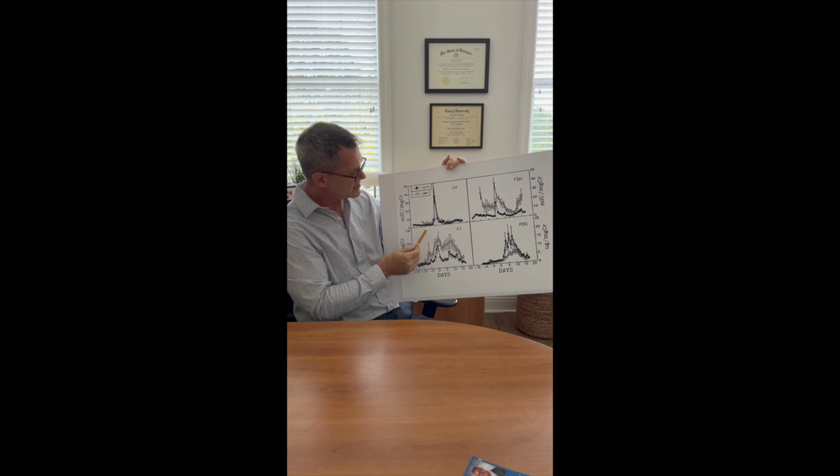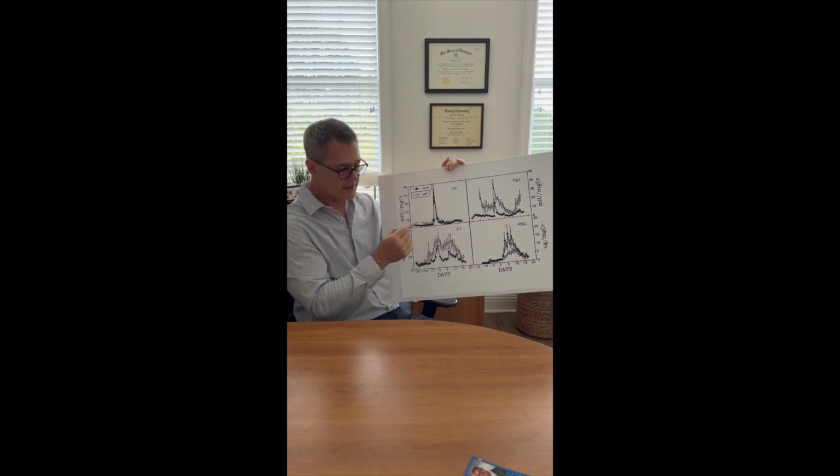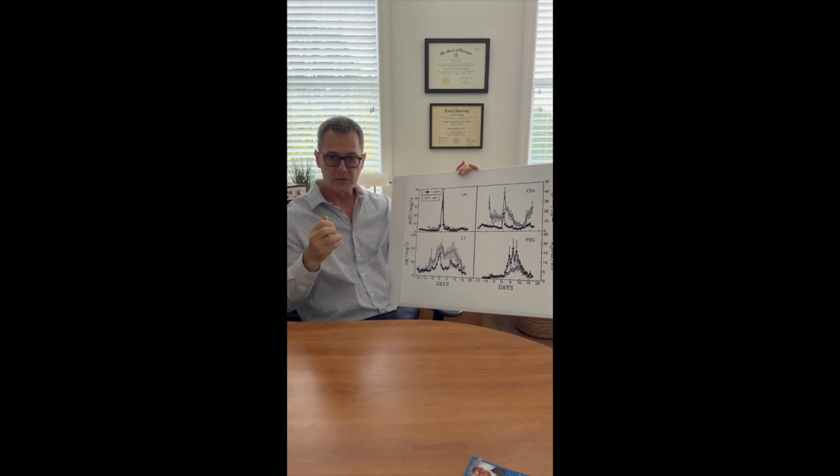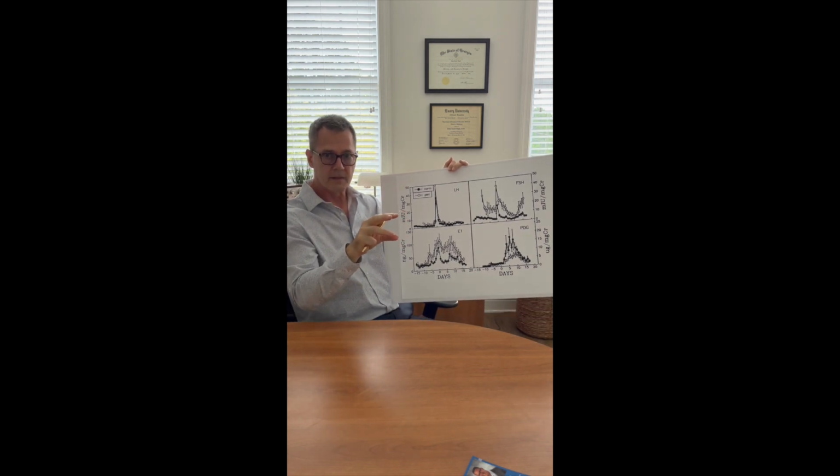And then when we consider luteinizing hormone, luteinizing hormone shows a very sharp spike at just one point during the month around ovulation. So luteinizing hormone is what causes the ovary to kick out that developed follicle.